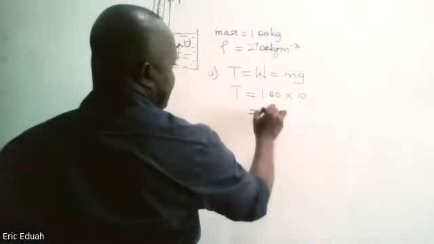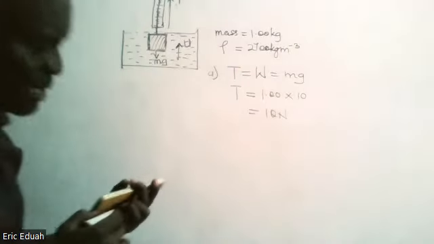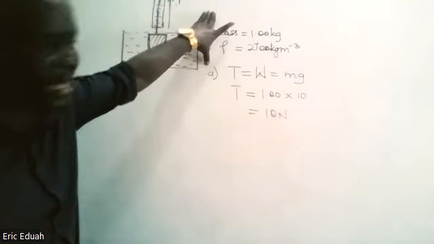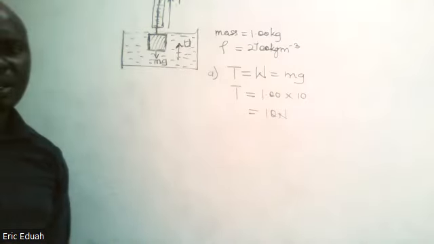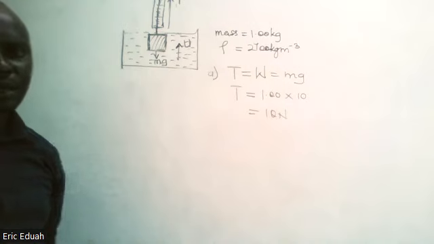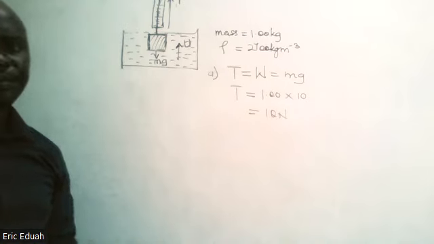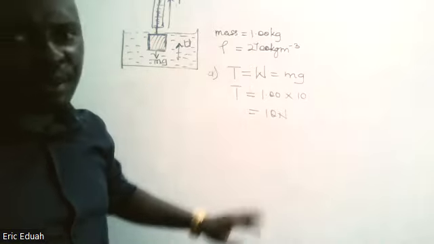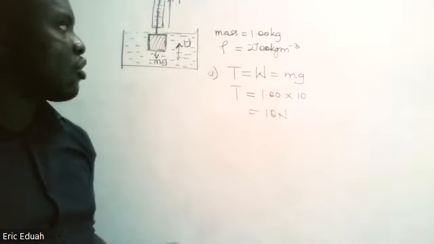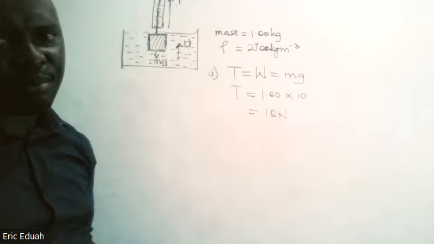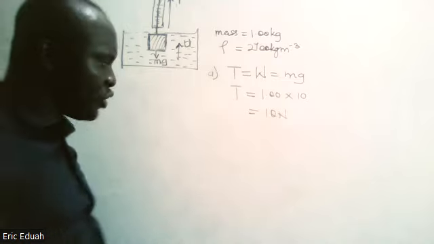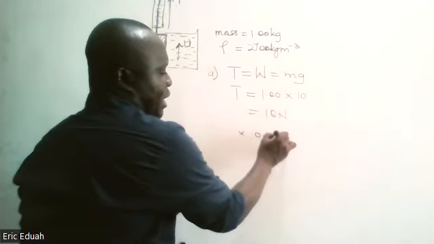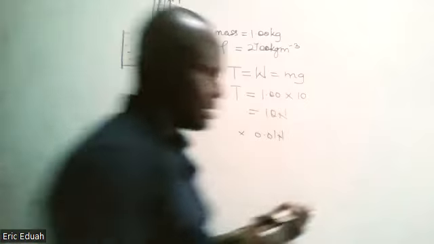So this will be 10 Newton. So the tension in the spring when it is weighed in air is this. Are we okay? Yes, please. Usually when the mass is given in grams, you have to either convert the mass to kilograms and multiply by 10, or use whatever they give you in grams and multiply by 0.01 Newton. Then you have the same thing.